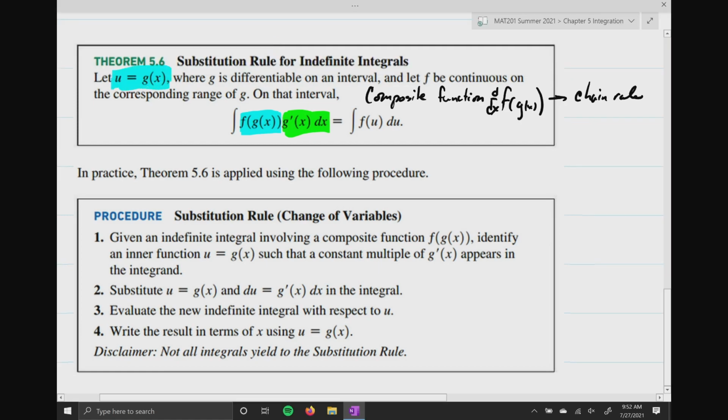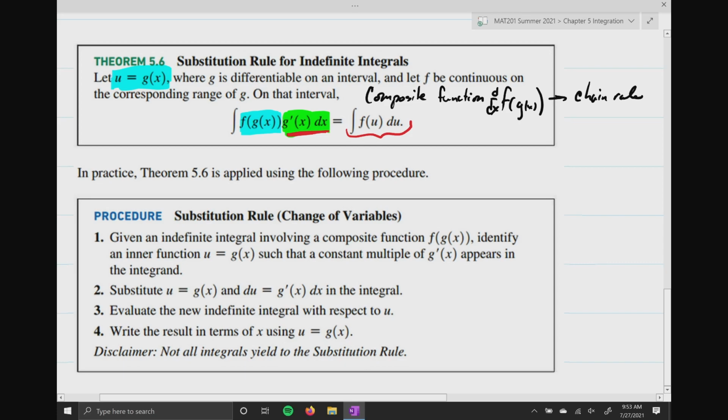Okay? And when it says here where g is differentiable on the open interval, it needs to be differentiable because you need to have, and I'm going to underline this in red, the derivative of that function times dx within the integral itself. If you have both of those little tools there, or little check marks like I used before, then you can go ahead and use U substitution, okay?